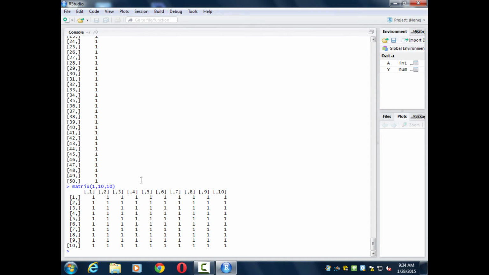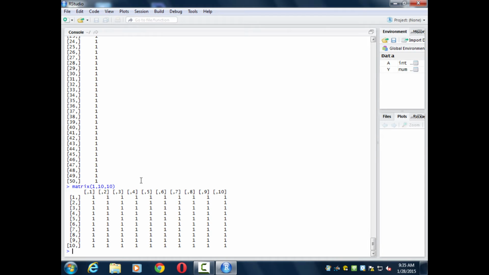Also, when constructing matrices, we may use vectors that have the same number of entries. So if the vectors match in size, we can basically put them together or bind them together. In fact, we can bind vectors of equal size.